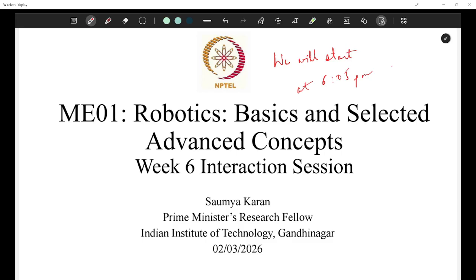You have seen how inverse kinematics is easier in parallel robots and tougher in serial robots, because you might have multiple solutions when solving the inverse kinematics problem for serial robots. I hope those things are clear.